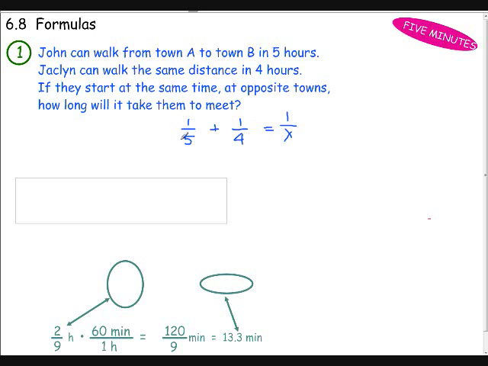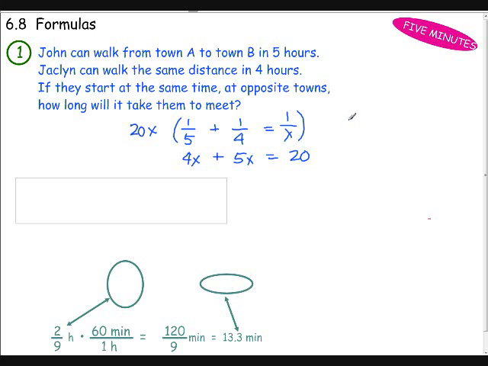So if I multiply this whole thing through, clear the fractions by multiplying by 20x, I will end up with 4x here and 5x here, and that'll all be equal to 20.